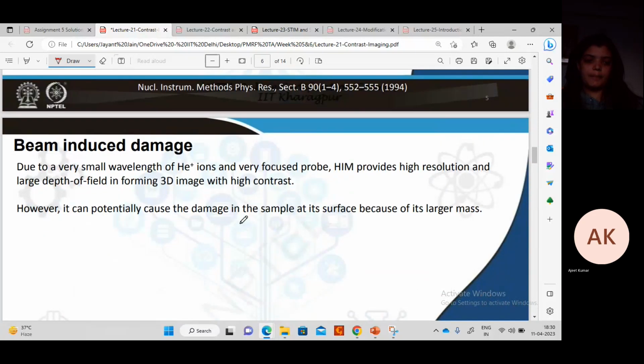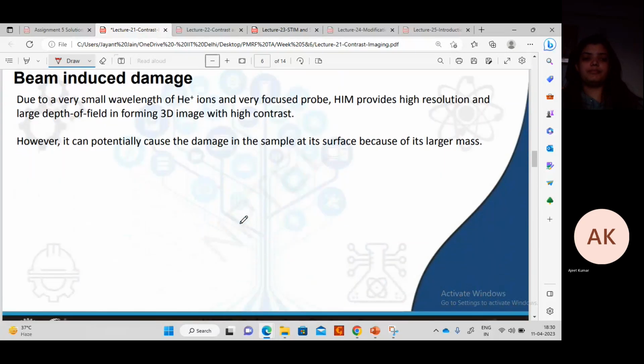And then beam damage. Other ion sources are also present besides helium, and they will cause more surface sample damage compared to helium. That is one thing you have to keep in mind. Nitrogen, especially, even though it gives better contrast, causes higher sample damage compared to helium.